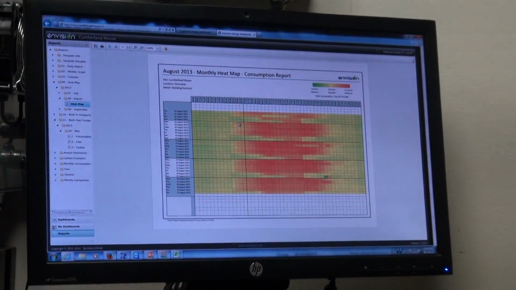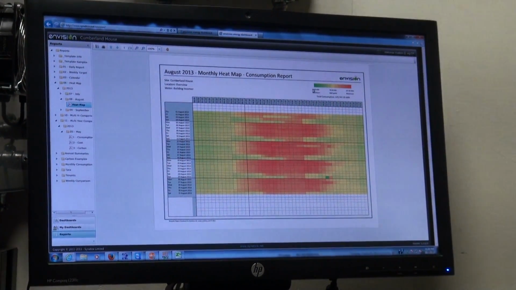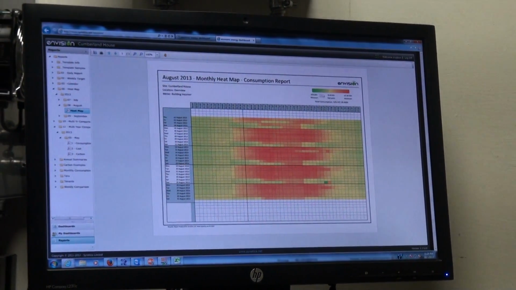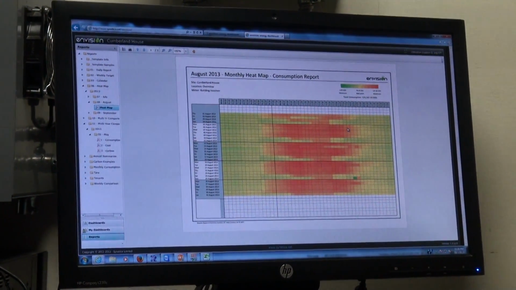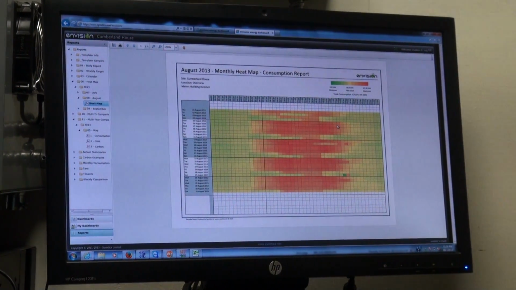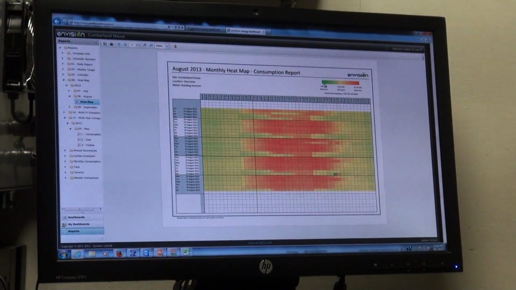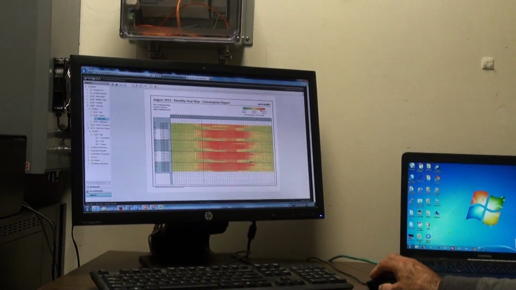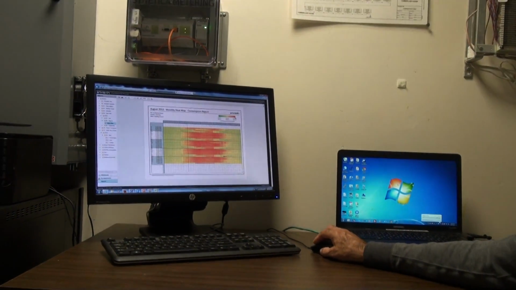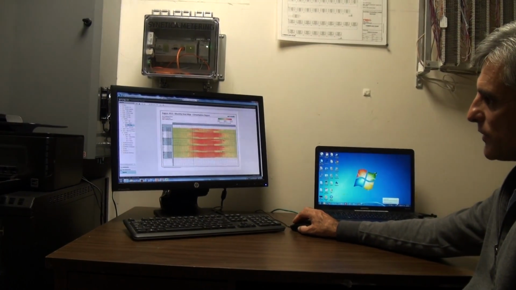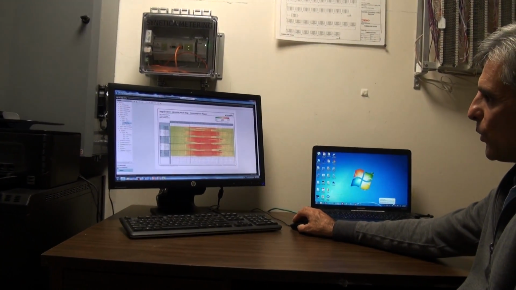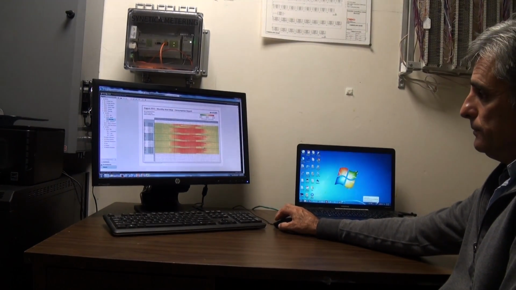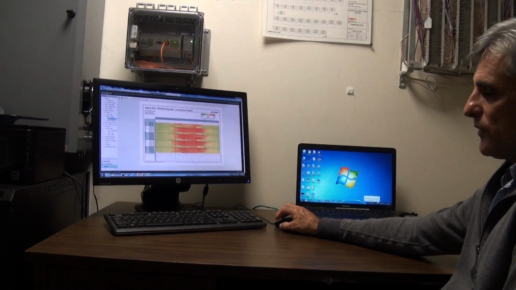The heat map has a variable temperature display based on kilowatt hours. As we go through the colour spectrum, obviously red is high usage, so we can see the times of the day when there's high usage in the building. It's very, very useful for seeing the behaviour of the building.